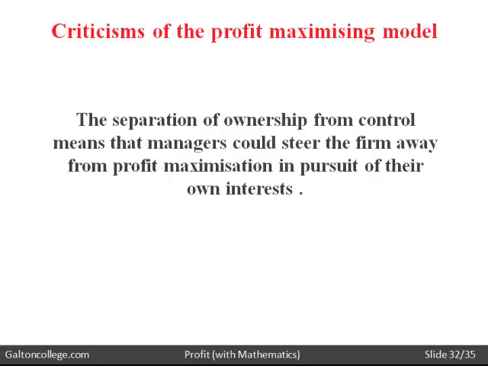But the managers, they want high salaries, they want good pensions, they want good working conditions, they want good holidays, they want perks, they want company cars and so on. So the managers want something different. And given that the managers run the business, the chances are companies will not profit maximize, because the managers are attempting to do something else.